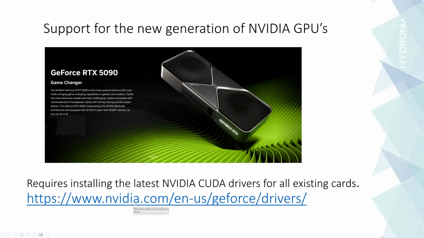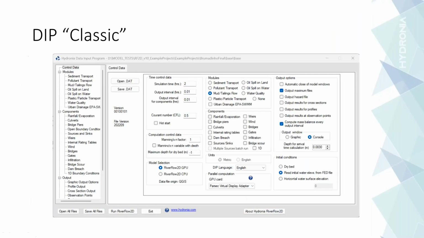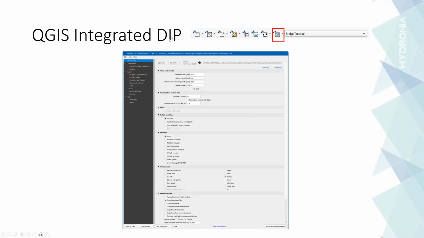Now, the data input program, as I mentioned, is now integrated into Hydronia QGIS plugins. If you recall the classic, what we call now the classic DIP, it's an external program that you can use to enter all known spatial information. Now, all of this happens within the QGIS environment. So if you have the new version, you will see that you have a new icon at the end of the icons that you traditionally have.